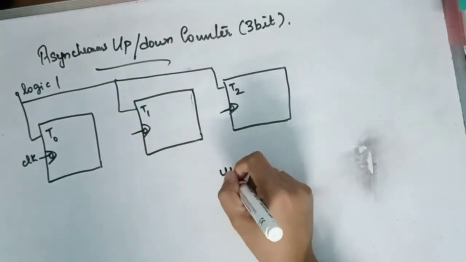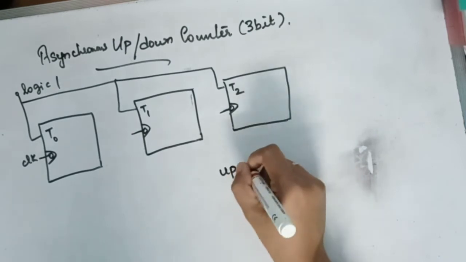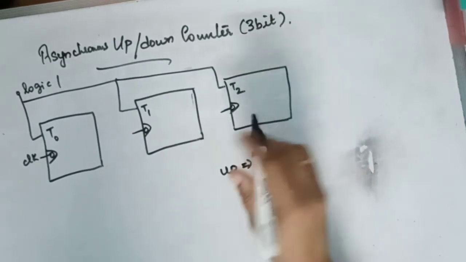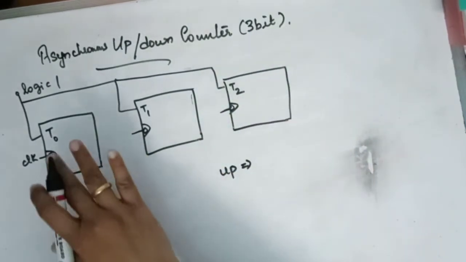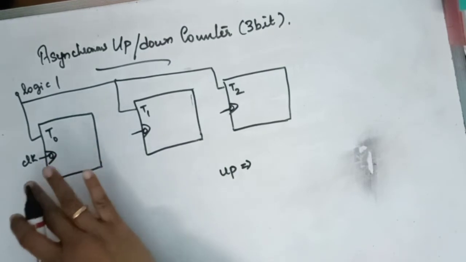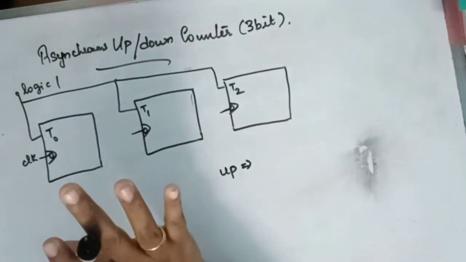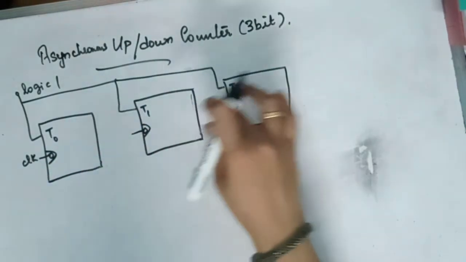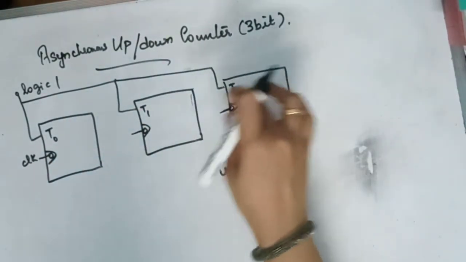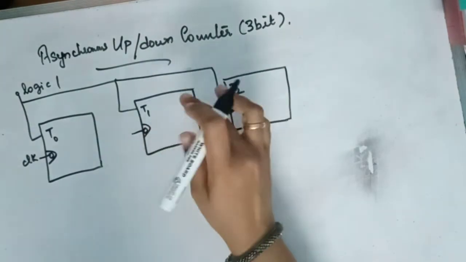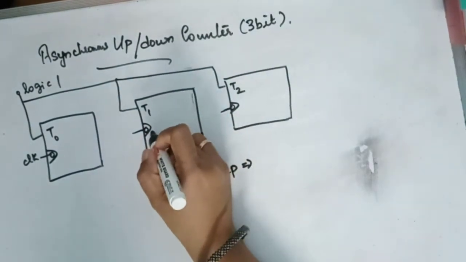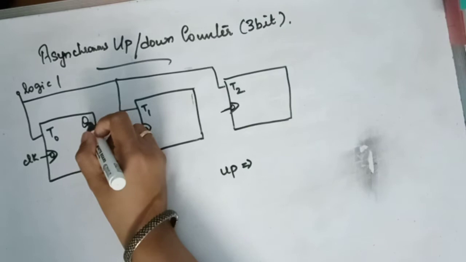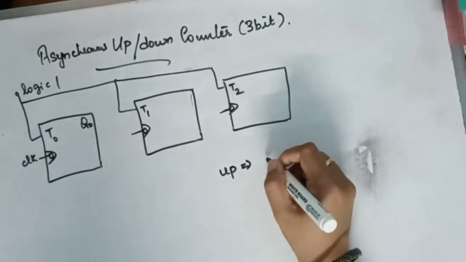If we are going to count up, then each flip-flop except the LSB flip-flop. For the LSB flip-flop, you are giving clock directly. For these two flip-flops, T1 is clocked by Q0 if it's up counter.